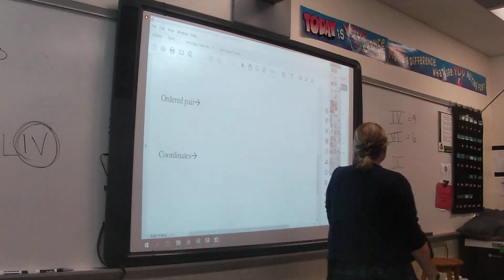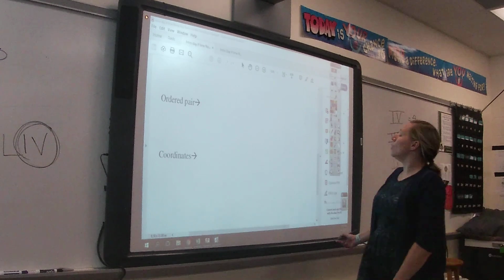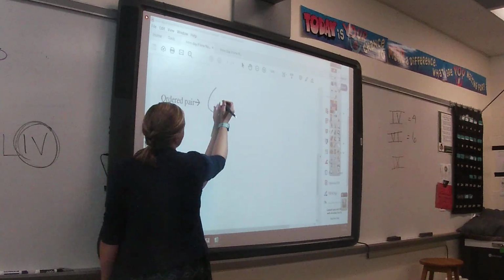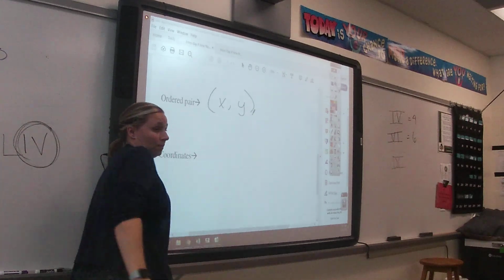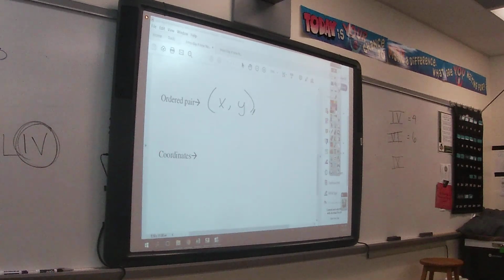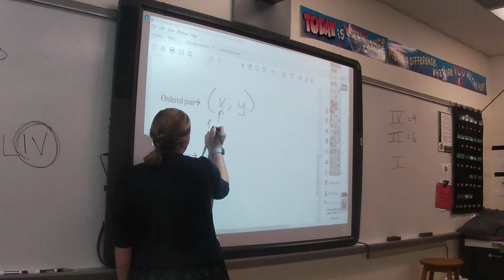Okay, in graphing, we have ordered pairs. Ordered pairs are always X, comma, Y. My students often know that ordered pairs are in parentheses. They know that they have 2 numbers in it. But we have to know that the X comes first.